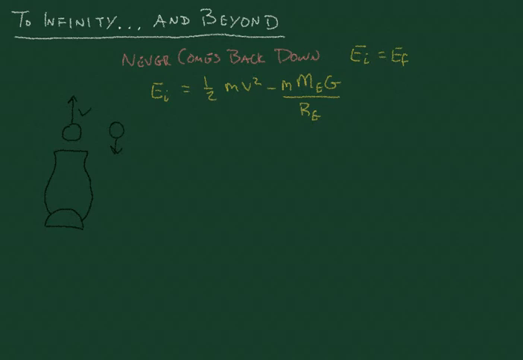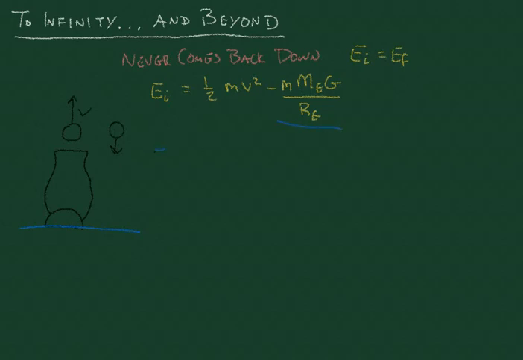And we have to include this potential energy because remember, the cannon is sitting on the Earth, and it's this gravitational energy we're trying to escape from. So we need to make sure that we include the term that we have on the Earth.